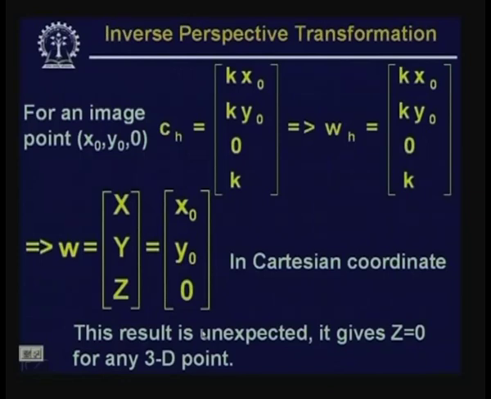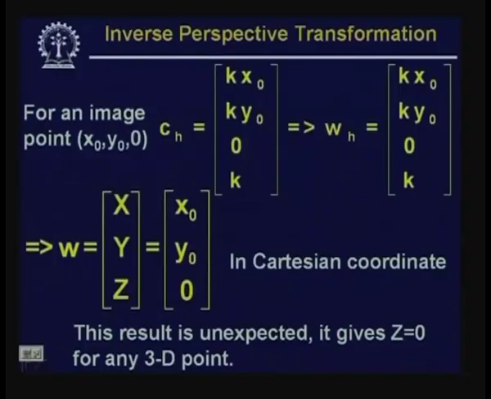Now, given this inverse perspective transformation matrix, as we said, if we assume an image point, say x naught y naught, and we want to find out what is the corresponding 3D world point W to which this x naught y naught image point corresponds. So, the first step is to convert this image point x naught y naught to the corresponding homogeneous coordinate, which will be obtained as k x naught, k y naught and 0, and then the fourth component comes as k.